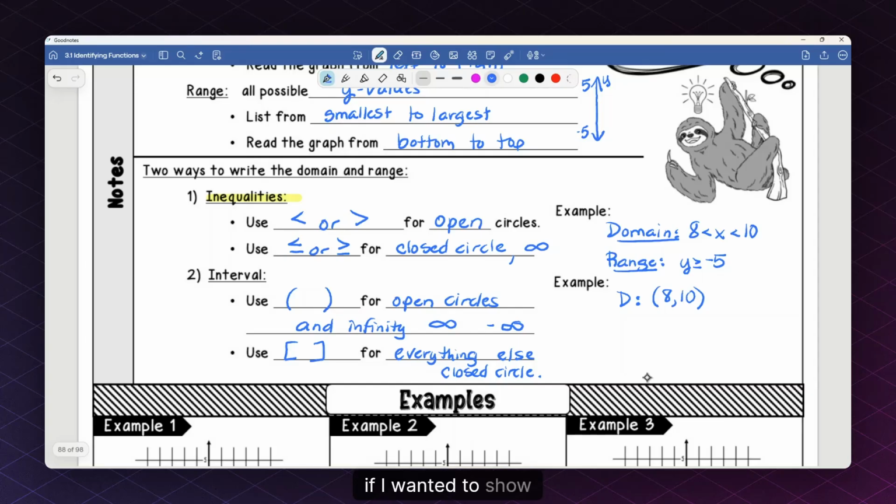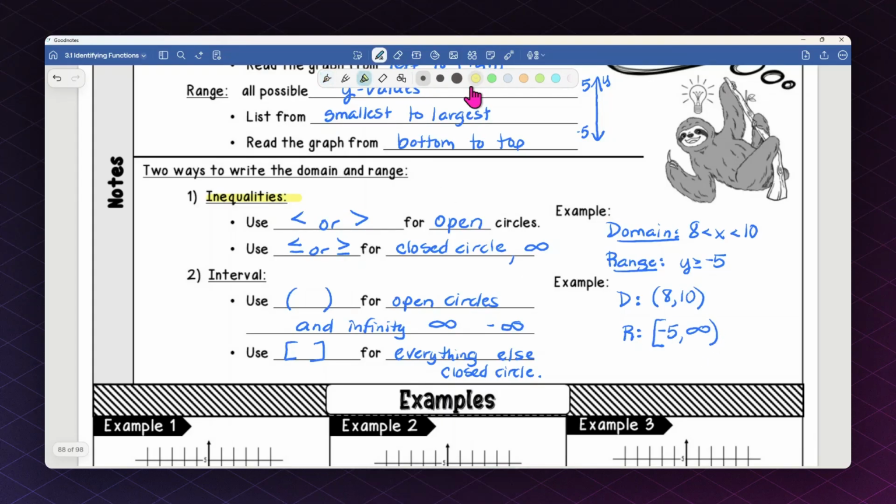If I wanted to show that it was like this range, that it was starting at -5, that's the smallest, and then it was going to infinity, because that's what it's showing us, it's going to infinity. Because it has the equal sign, I'm going to put a bracket, and then my infinity is going to have a parentheses.